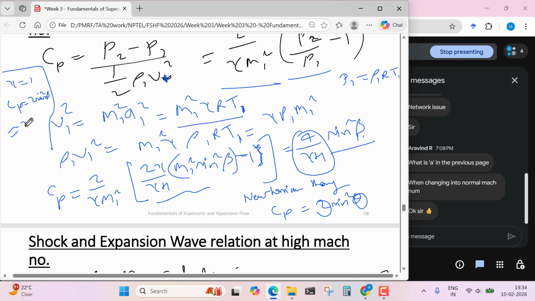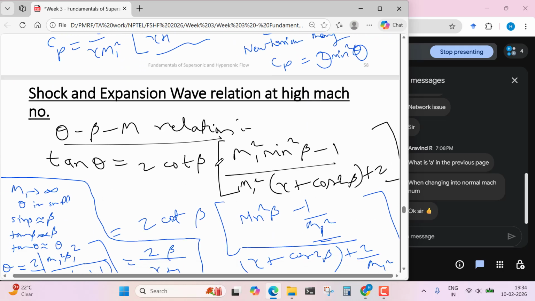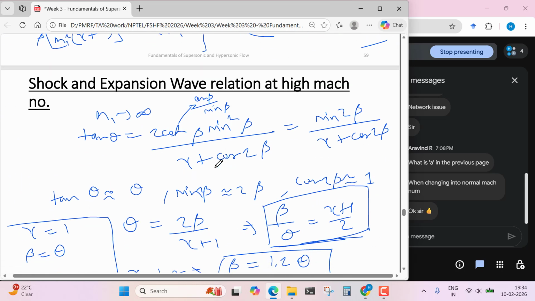So this will be equal to 2 sine square theta for gamma equal to 1. So you can see this relation is the same as from the Newtonian theory. So when Mach number tends to infinity and gamma tends to 1, the Newtonian theory predicts the Cp value perfectly.